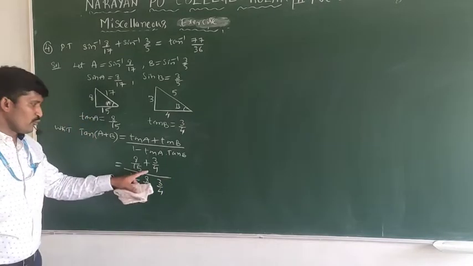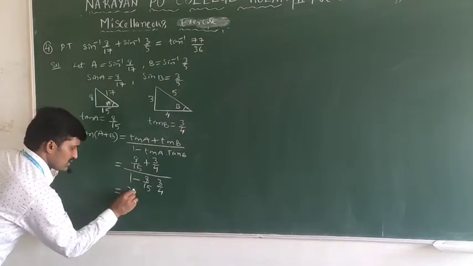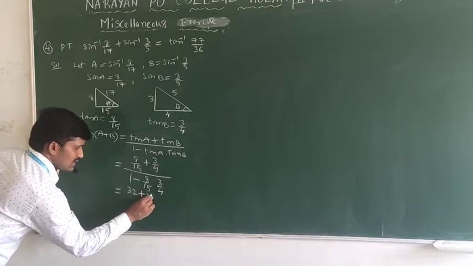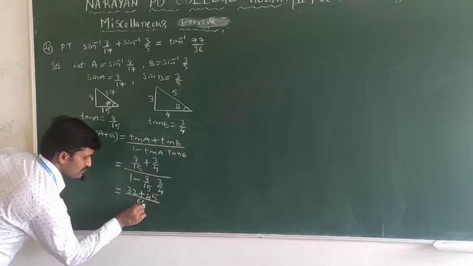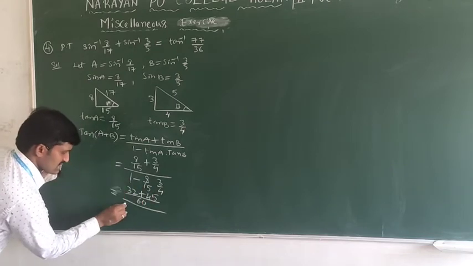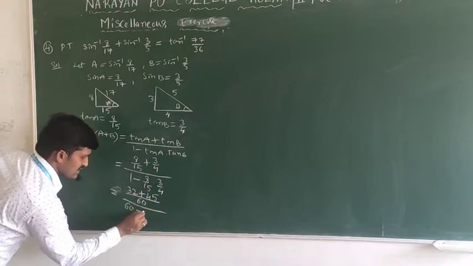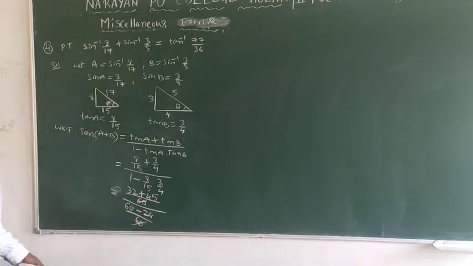LCM of 15 and 4 is what? 60. Now 8 fours are 32, 15 threes are 45 by 60, whole divided by 15 fours are 60 minus 8 threes are 24 by 60. Now 60 gets cancelled.